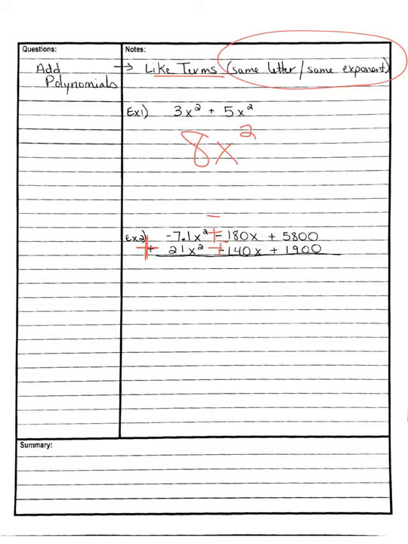If we add these, we're going to get 7,700. And we're going to get a negative 320x. Those are like terms. We can add them together. And we're going to get a 13.9x squared.